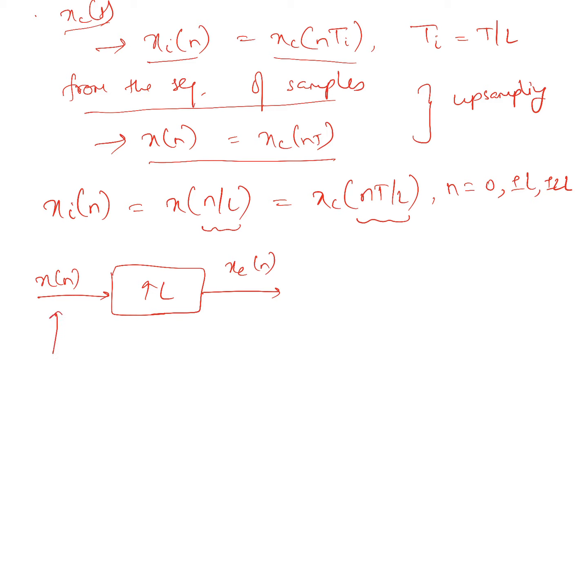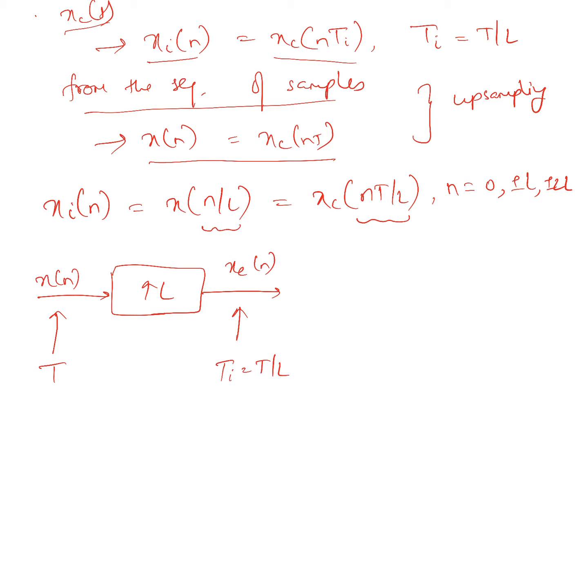This signal is sampled with a sampling period capital T, and the output signal would have a sampling period Ti as T by L.